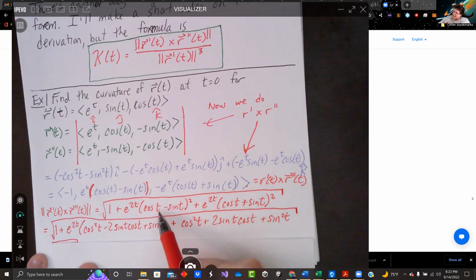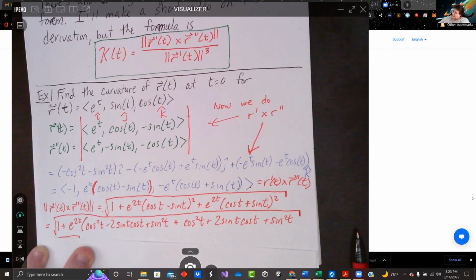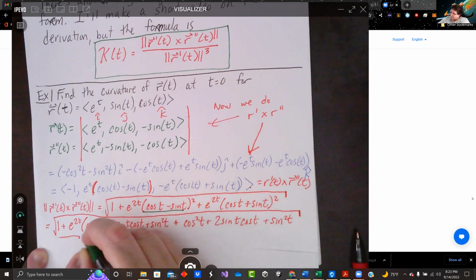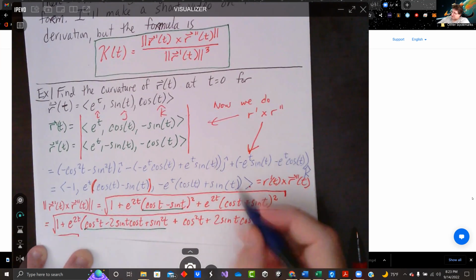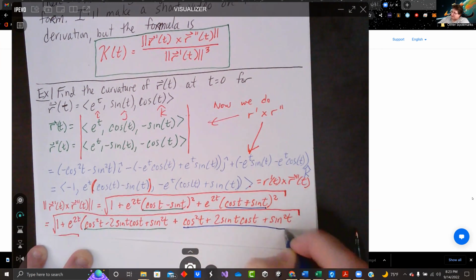So cosine t minus sine t, squared, gets us cosine squared t minus 2 sine t cosine t plus sine squared t. That's this parentheses right here. And then we get our other section right here, cosine t plus sine t squared, gets us that portion there.